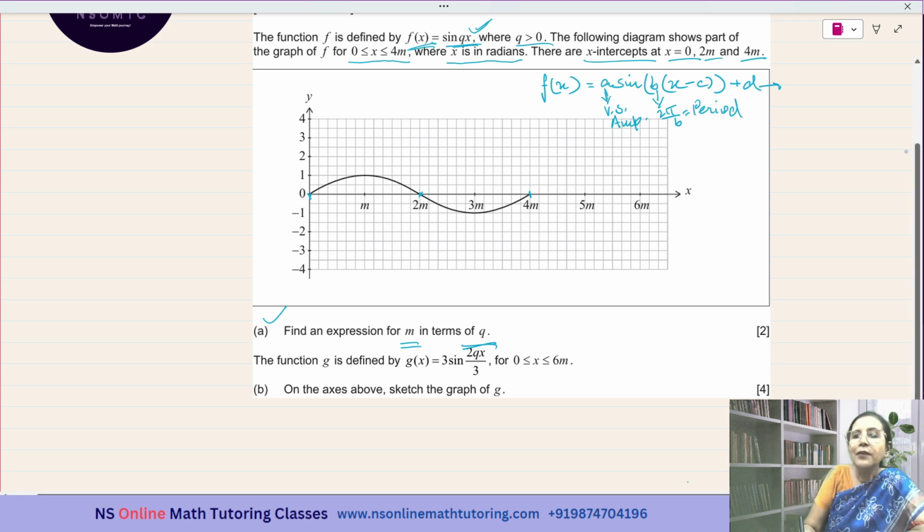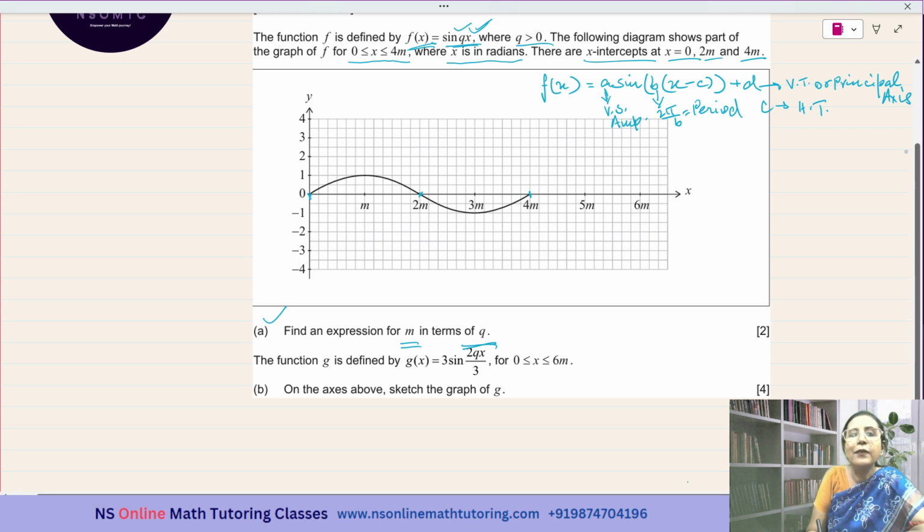D is the vertical translation or principal axis. And of course, C is the horizontal translation.